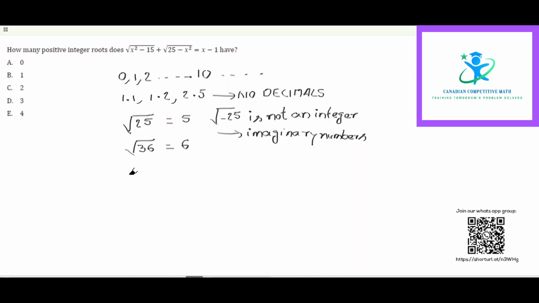Right. So let us take this square root of x squared minus 15.